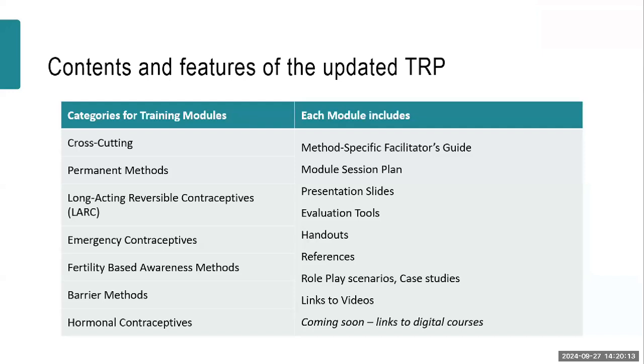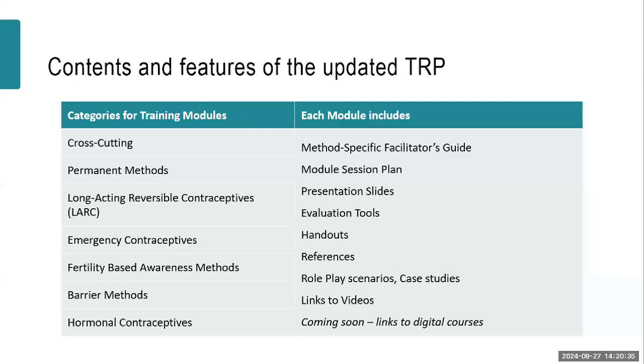Then we have a series of handouts, which also have job aids on the methods, and they have tools like the comparing effectiveness of family planning methods, the medical eligibility criteria and wheel, the quick reference chart, the screening checklist, etc. We have a library of references.